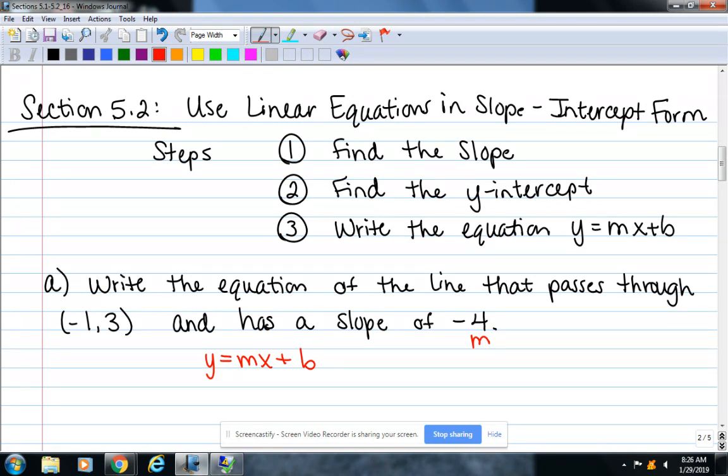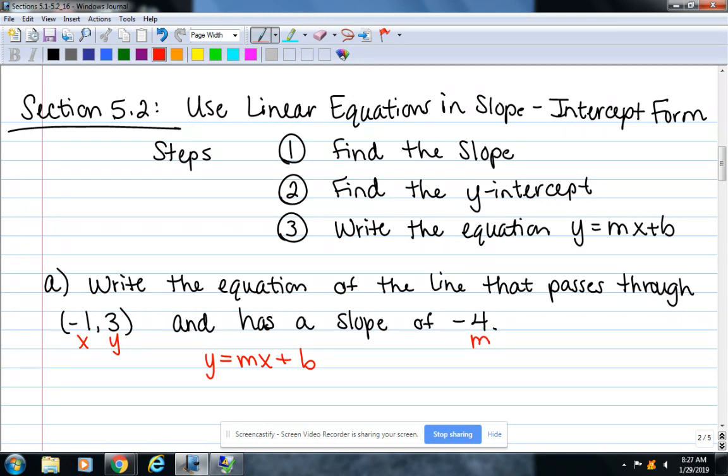So a point has an X and a Y in it, doesn't it? Now, do I have enough to plug in for every variable except for B? Yeah. So that's what I'm going to do. I'm going to plug in Y for Y, M for M, X for X, and solve it for B. Okay? So if you don't have B, that's how you do it. You use a point that's on that line and the slope of that line and plug them all in.